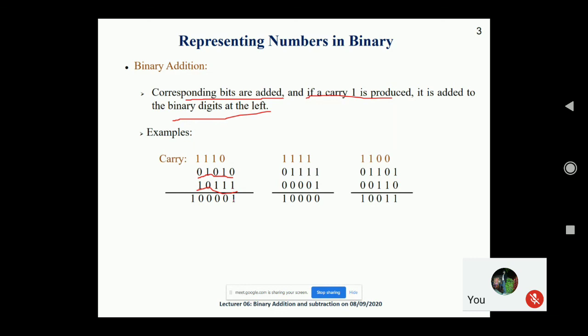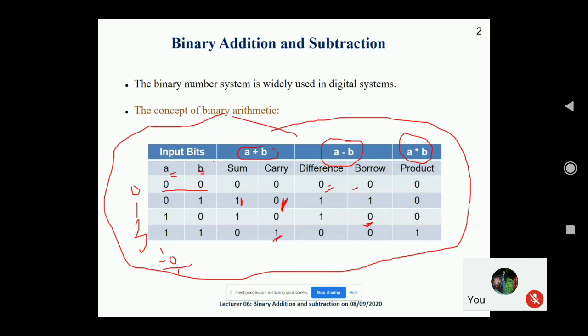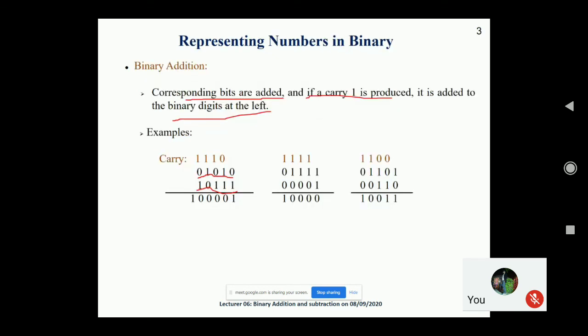So 1 plus 1 means what? 1, 0. So 0 is the sum and 1 is the carry bit. 0 is sum, and 1 is carry.